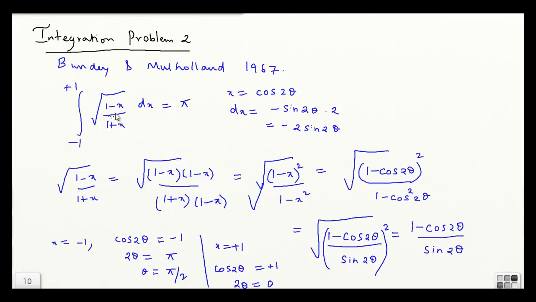We've got everything within the integral, so let's substitute and see how we're going to solve it. The limits go from pi over 2 to 0, the square root term reduced to (1 minus cos 2 theta) divided by sine 2 theta, and dx was minus 2 sine 2 theta d theta.